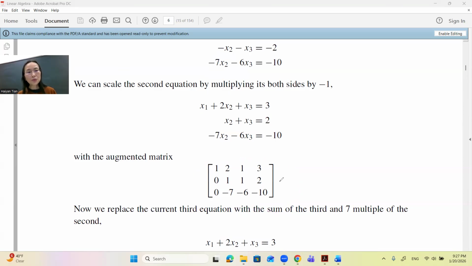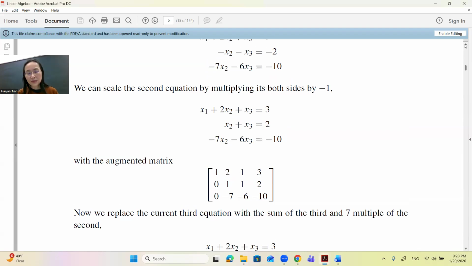Scaling means multiplying an equation by a non-zero constant on both sides of the equation. That is the same as multiplying a row by a non-zero constant, meaning each entry of the row.